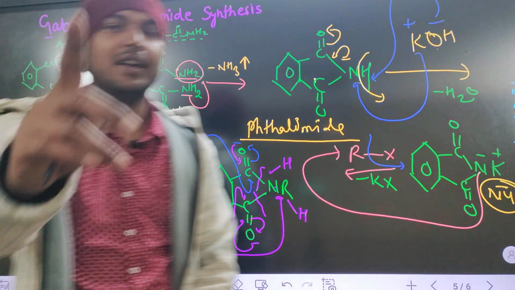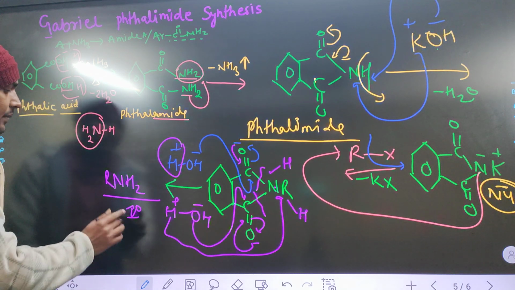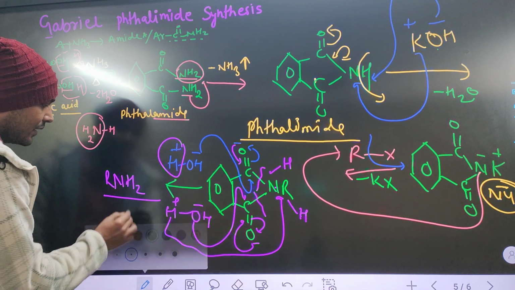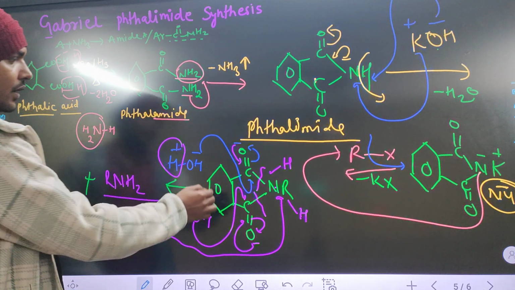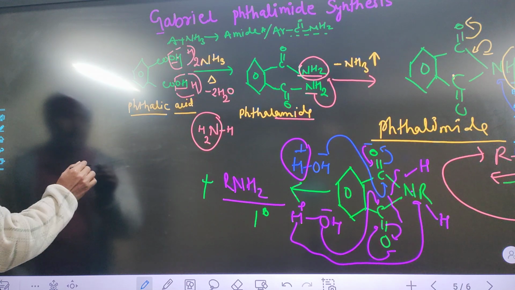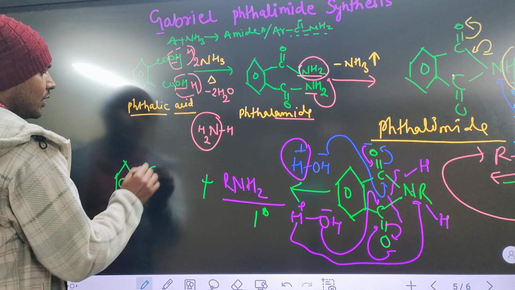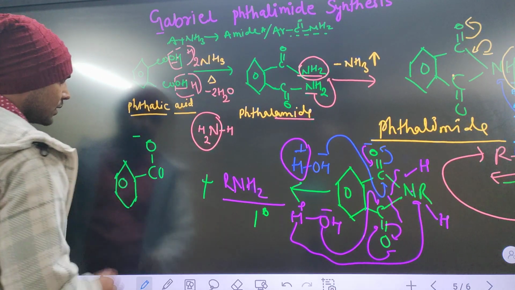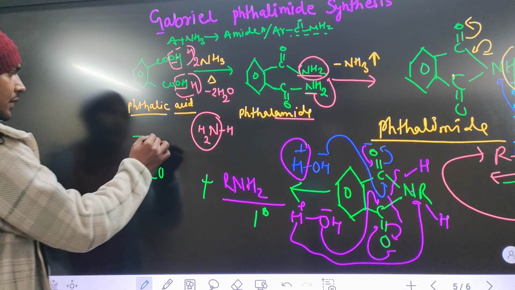RNH2. This is a 1 degree amine. We have prepared a 1 degree amine. And what is the side product? The side product is this: the salt of phthalic acid, CO minus, and K will come from the KOH, and it will become like this.